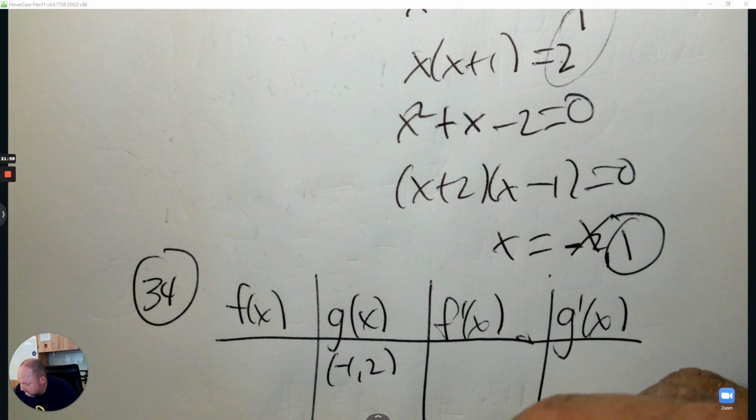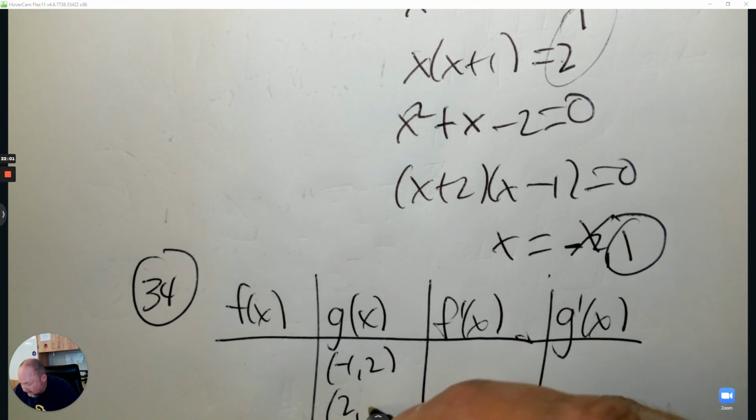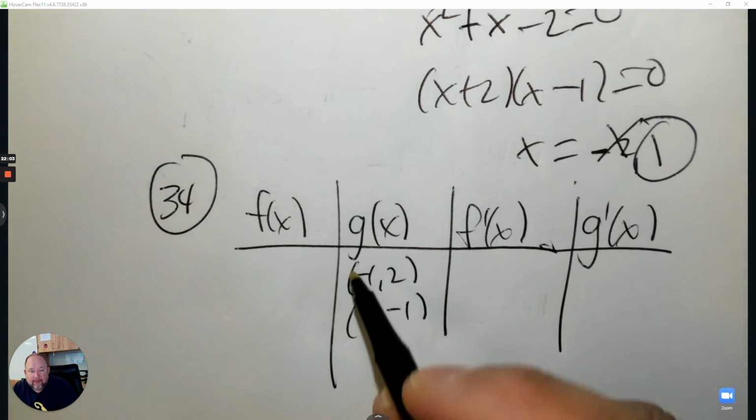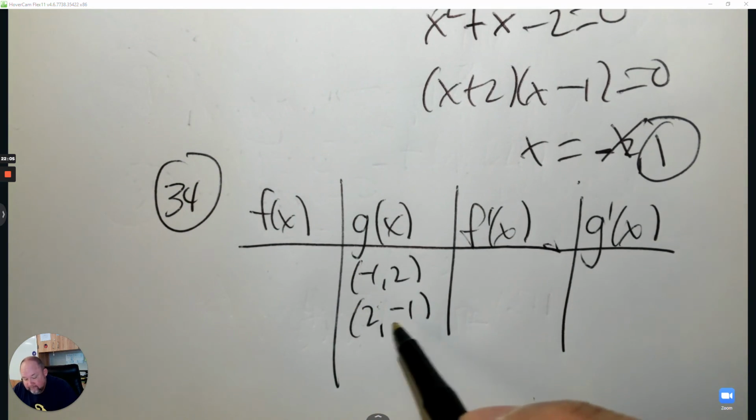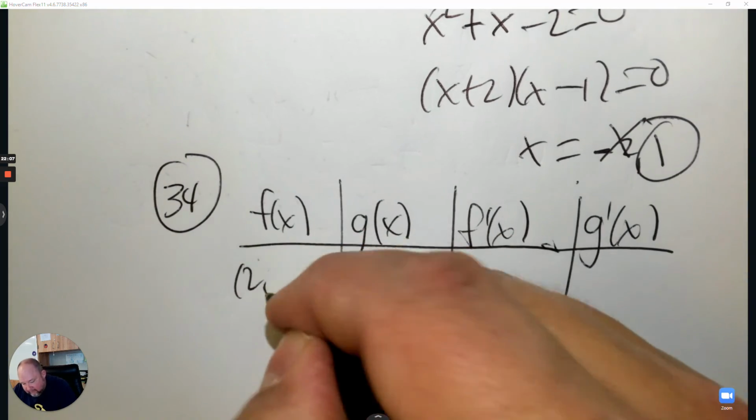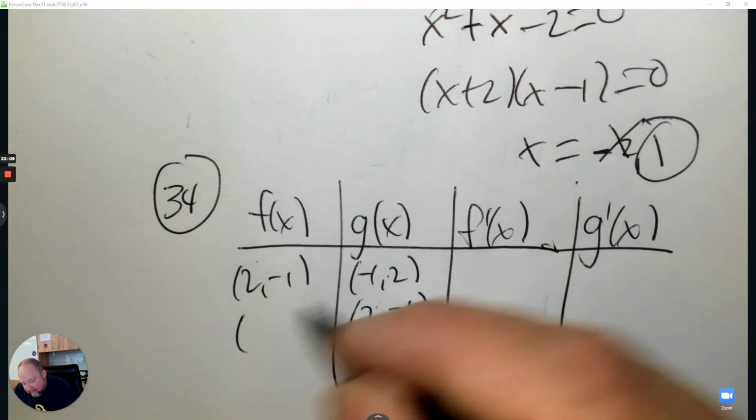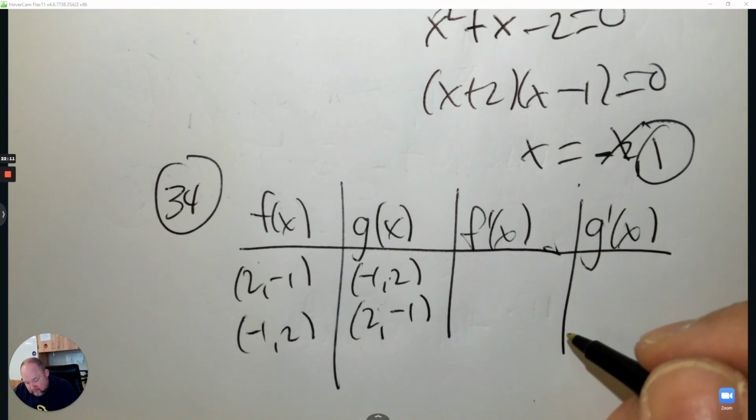So, and 2, negative 1. That's G. So the inverse of that would be 2, negative 1, and negative 1, 2.